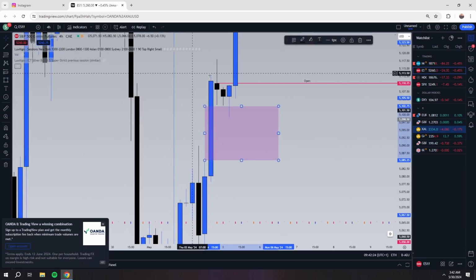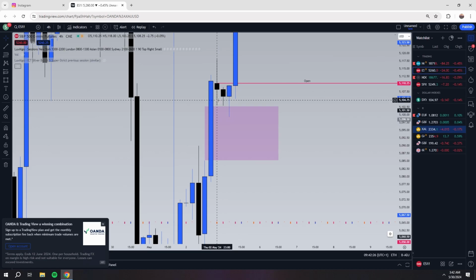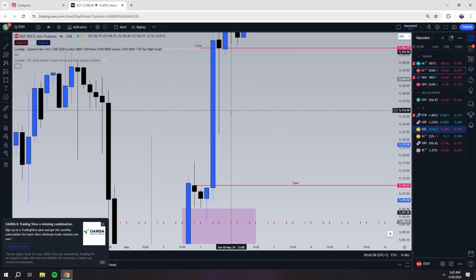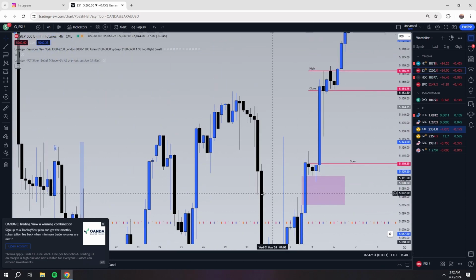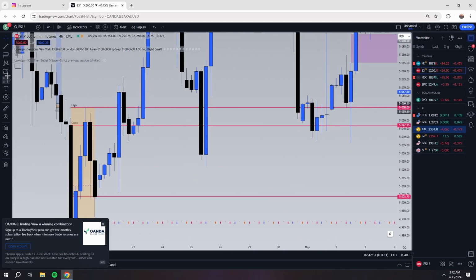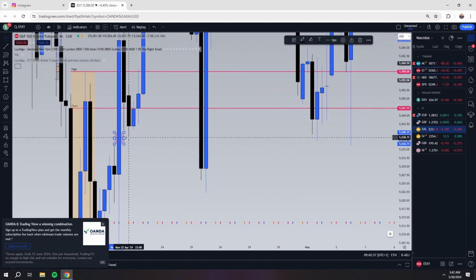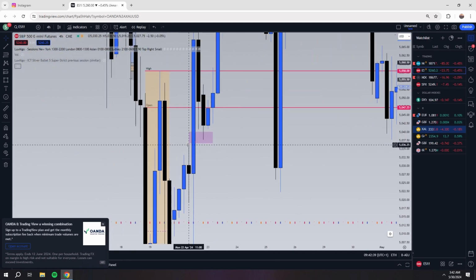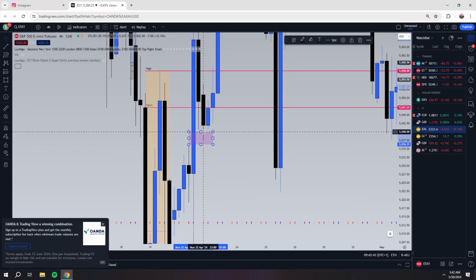Bullish fair value gap right here. You can see that we tapped into it, went higher, tapped into it again, and then continued higher. I also want to go over this one, which is another bullish one: high of the first, low of the third, went down, continued up.